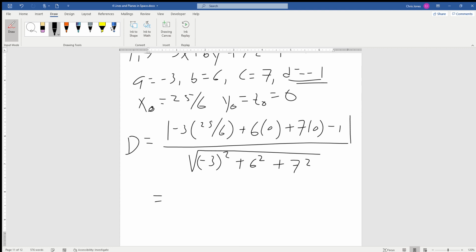In the numerator, I think that winds up being 27 halves, because we have negative 25 halves minus 1, which is negative 27 halves. And then the denominator, we have 9 plus 36 plus 49. That's going to be root 94. I don't think 94 has anything that we can do to make it any simpler. So we can write this as 27 over 2 root 94 for our final answer.